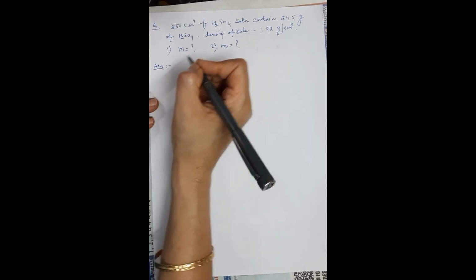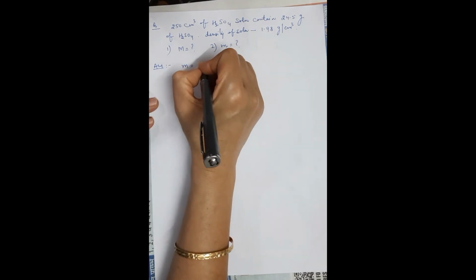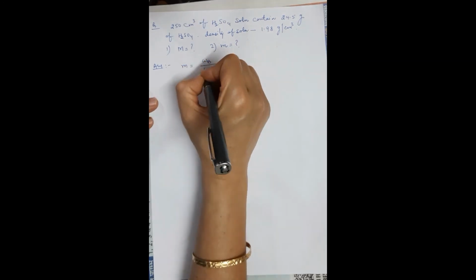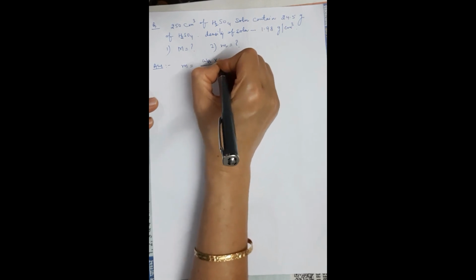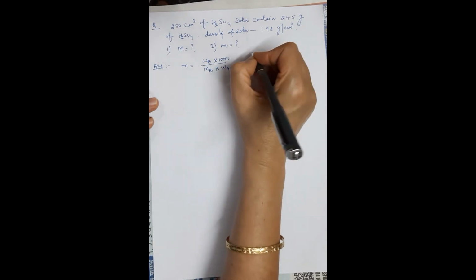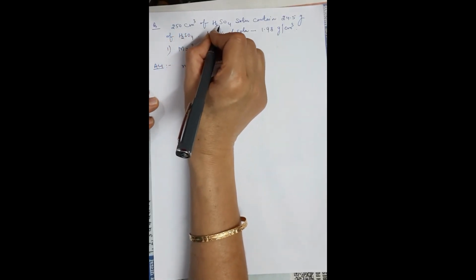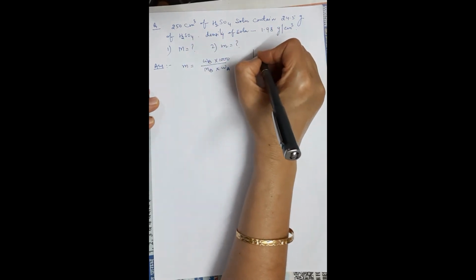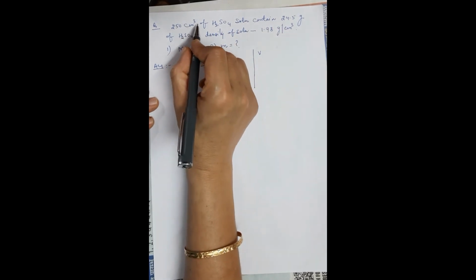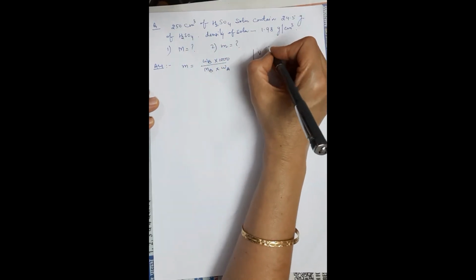Let us find out molality first. Molality is WB upon MB into 1000 upon WA. Let's write down the given data first. 250 centimeter cube of sulfuric acid. This is the volume. 1 centimeter cube is equal to 1 ml. So 250 centimeter cube is 250 ml.